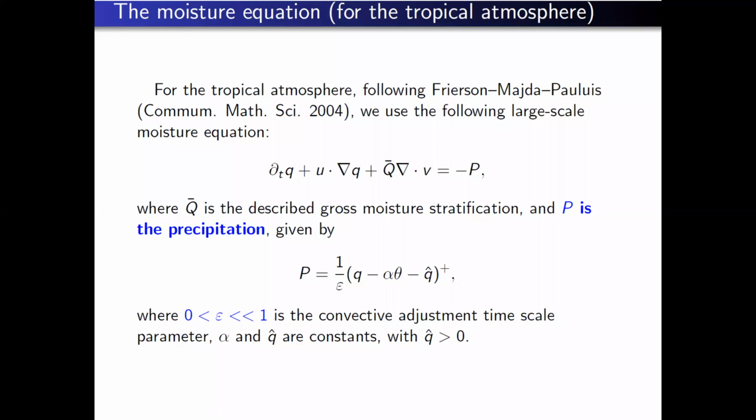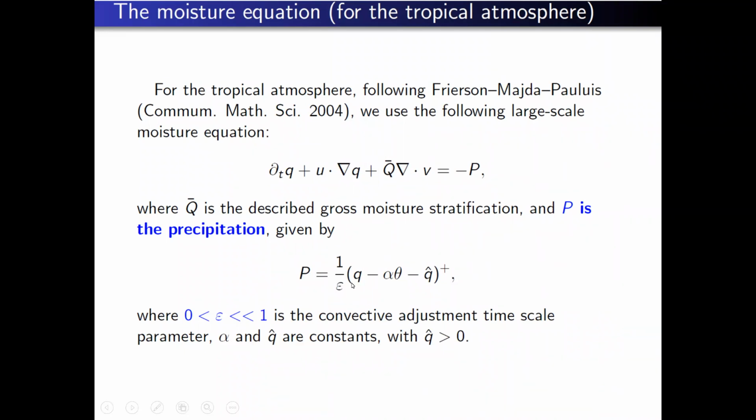So if you have moisture, Frierson, Majda, and Pauluis added that the equation for the moisture is advection, okay? And there are some other parameters, in particular a source of the moisture, which is the precipitation. The precipitation involves a fast scale, namely Q is the moisture. If you are above a certain critical value, that's why the plus sign, namely when it's positive it is different than 0, and when it's negative it is 0.